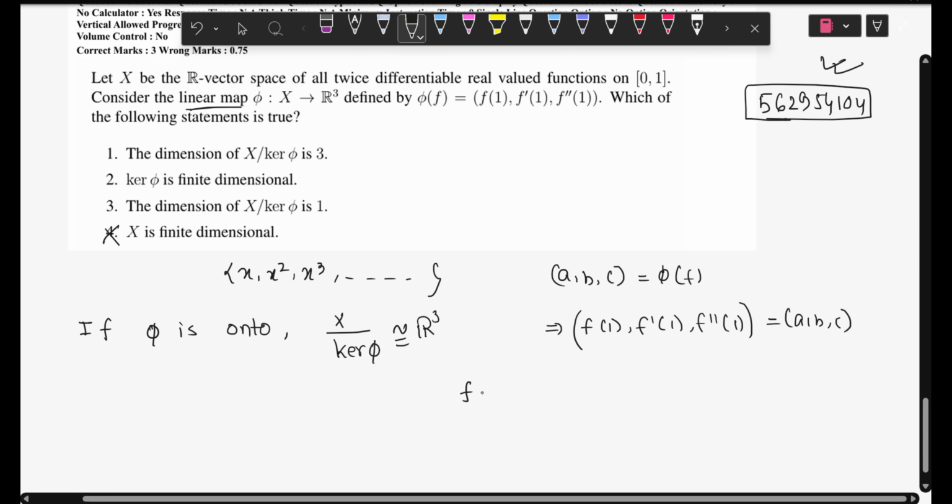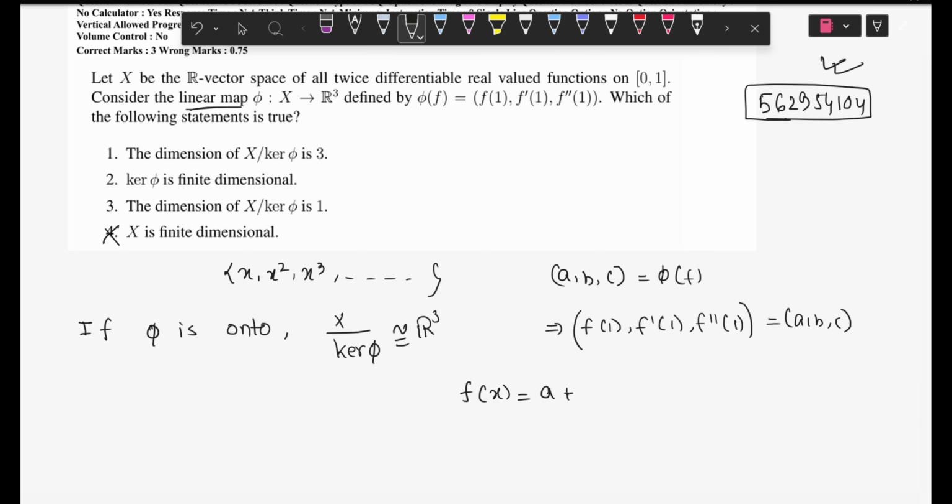So that's why I'm just considering this function f of x equal to, at 1 I need to get a. So f dash 1 need to give b, and f double dash 1 need to give c.